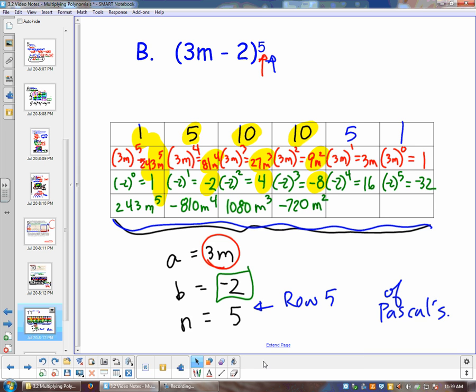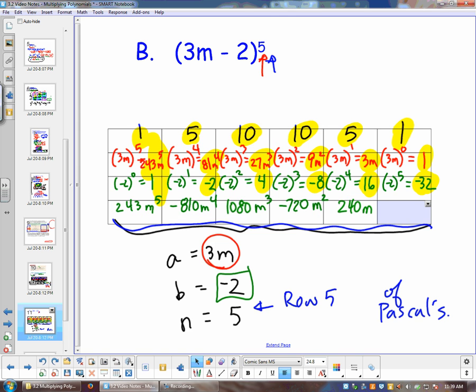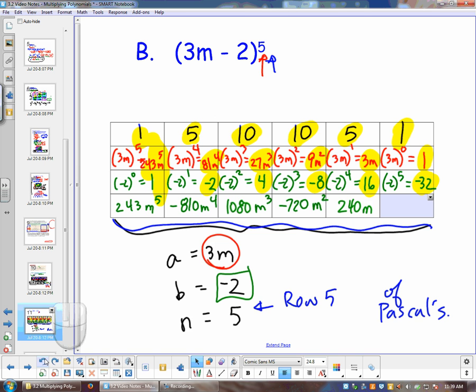And then in our next, we have 5 times 3 to the m times 16. So what is that, 240? All right, that gives me 240 times m. And then lastly, I have 1 times a negative 32. So that's just giving me a negative 32.